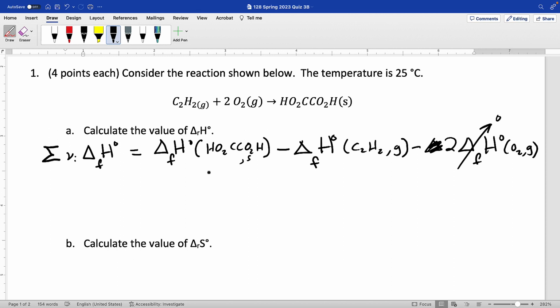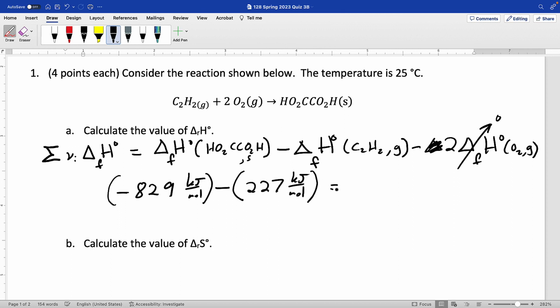So let's plug in the numbers here. The heat of formation of oxalic acid is negative 829 kilojoules per mole. We have to subtract the heat of formation of ethylene, which is a positive 227 kilojoules per mole.